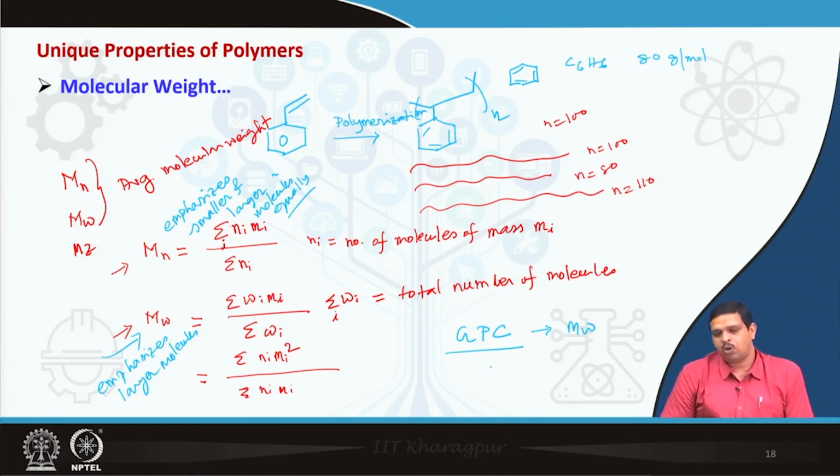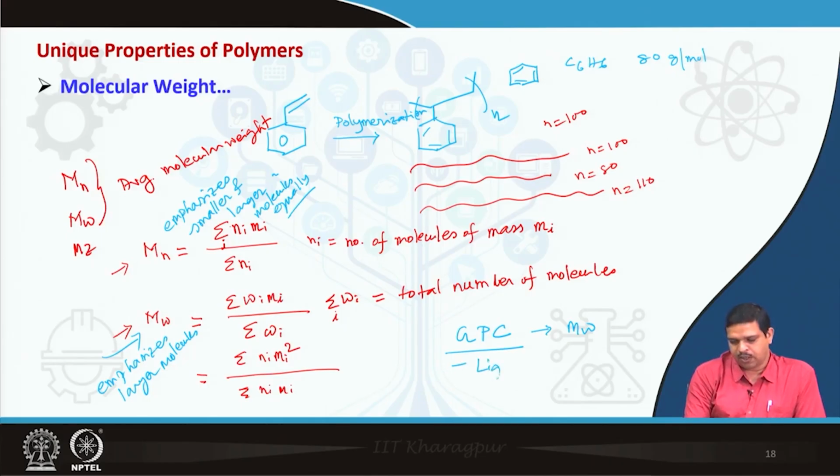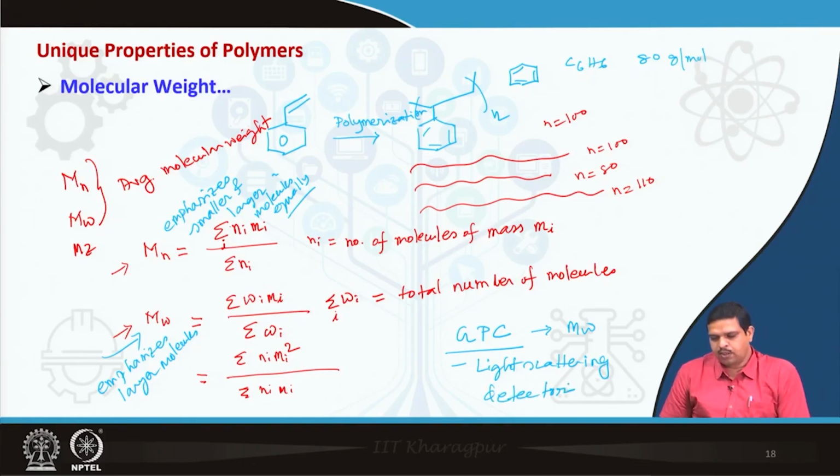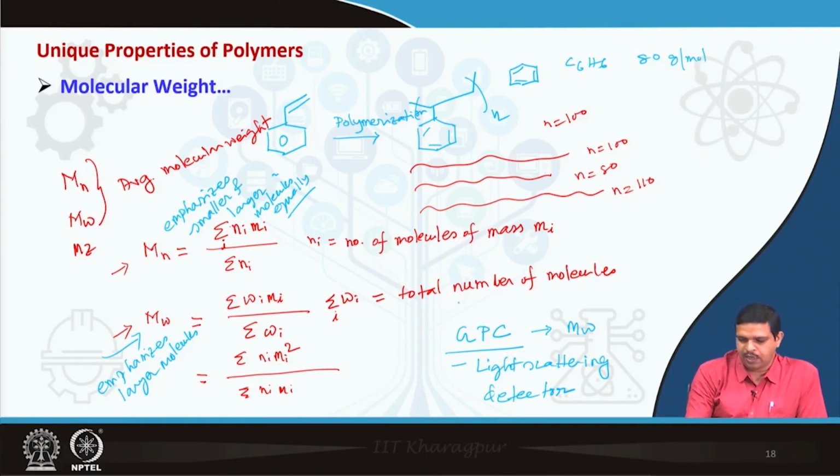Some other terms in polymers, I am sure you know, that is the PDI. So, PDI is nothing but Mw by Mn, okay. If your polymerization is well defined, that means the polymer chain lengths are the same for a particular molecular weight, then you will get a PDI of almost 1.